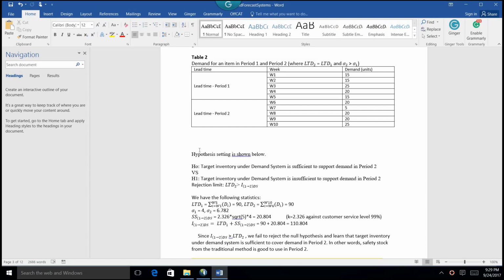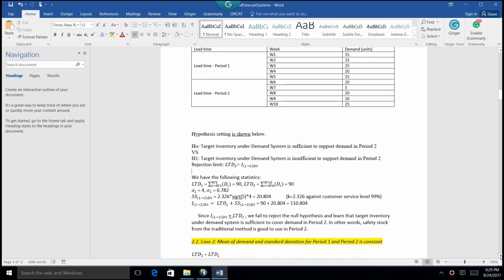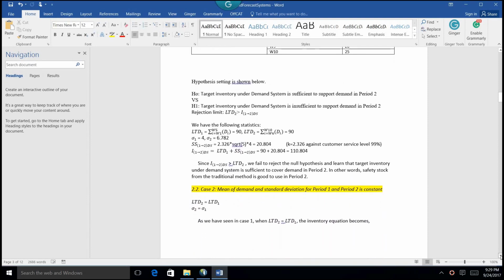So the rejection limit would be LTD2 is higher than inventory for that period, meaning that if the inventory you calculate for period 2 is not enough to support demand for that period, then the null hypothesis has to be rejected. In that case, you need to carry more safety stock.